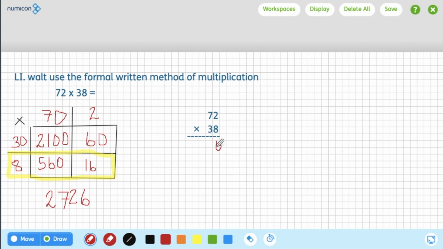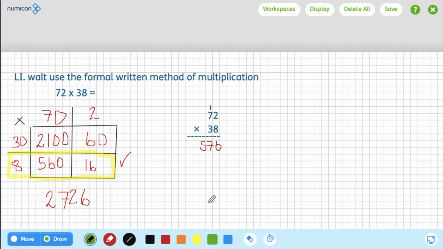I can put my 6 units. I carry my 10. 8 times 7 is 56, plus 1 is 57. So I have 576. And if I looked here, I would have 560 plus 16 is 576. So far I'm on the right track.